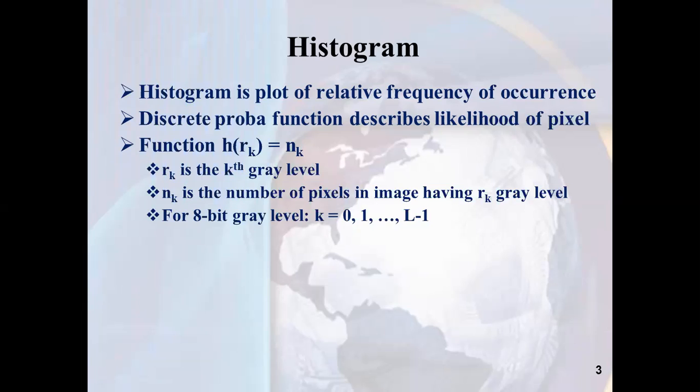nk is the number of pixels in the image that have rk gray level, and as we said, for 8-bit gray level, we have k from 0 to L minus 1, where L is 256, so we have from 0 to 255. And this is the histogram for any data.